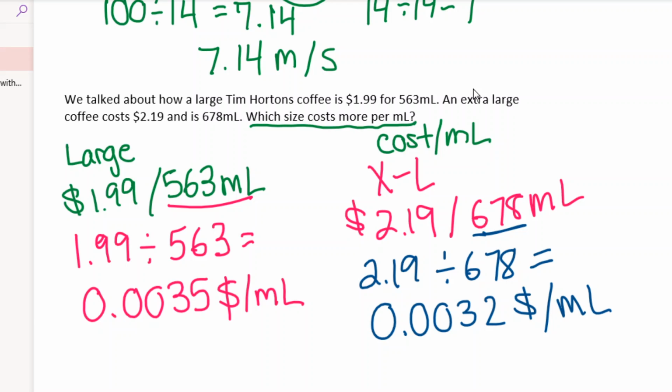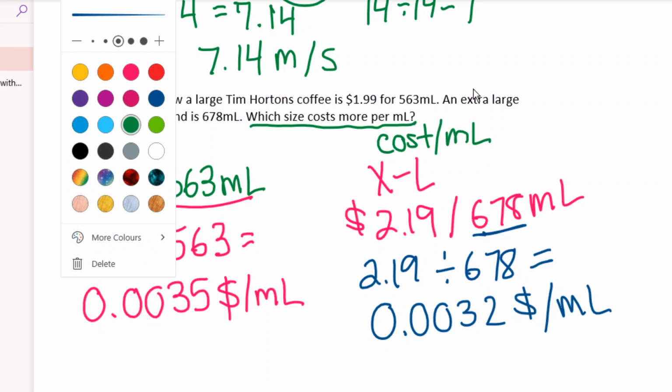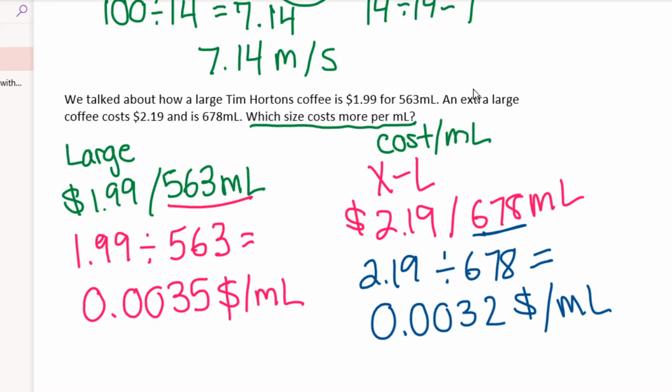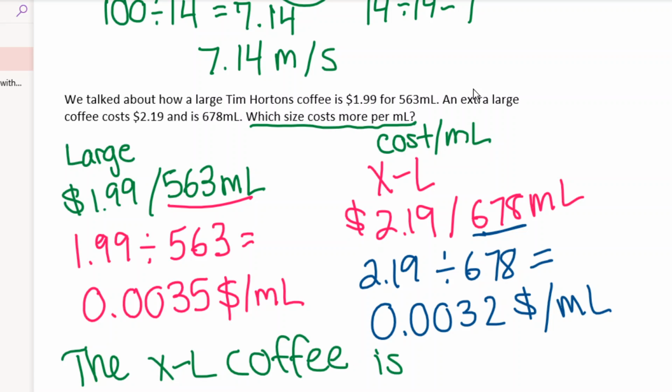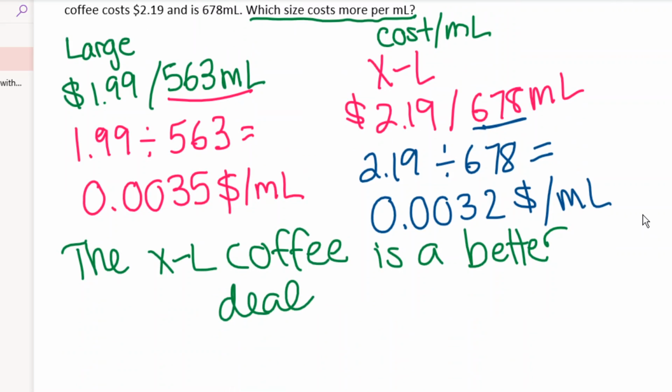All right. So the large has a higher cost per milliliter, which means that the extra large, in this case, is a better deal. Does that make sense? Right? If one costs more per milliliter, then the one that costs less per milliliter is going to be the better deal because we want to spend less money. So we could write our answer in a sentence. The extra large coffee is a better deal. And I'll move down a little bit.